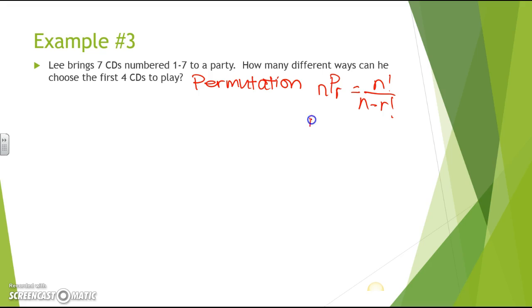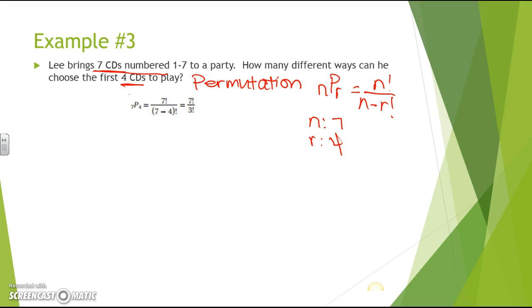My n is my number, which is going to be 7 CDs, and my r is going to be the amount of CDs, which is 4 CDs.